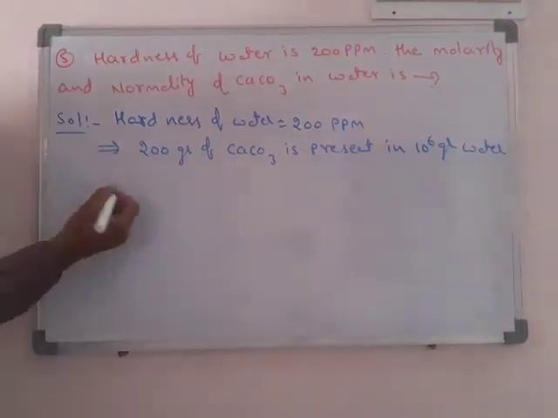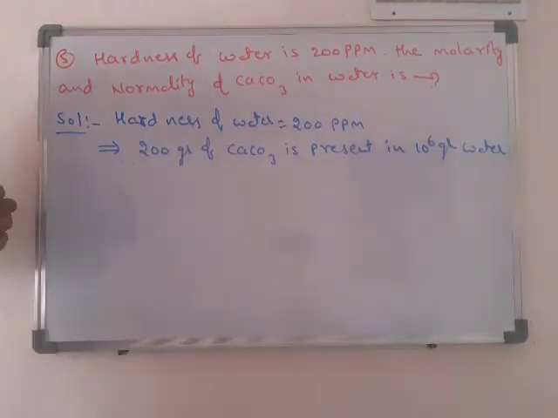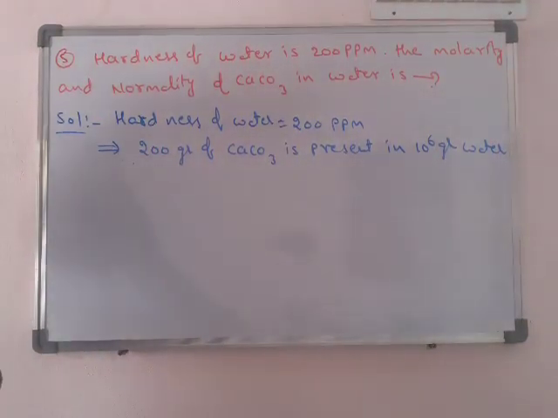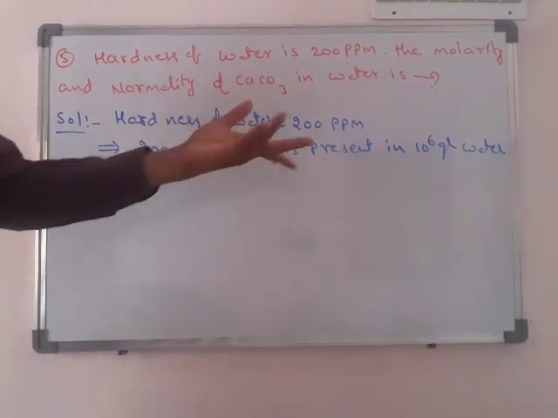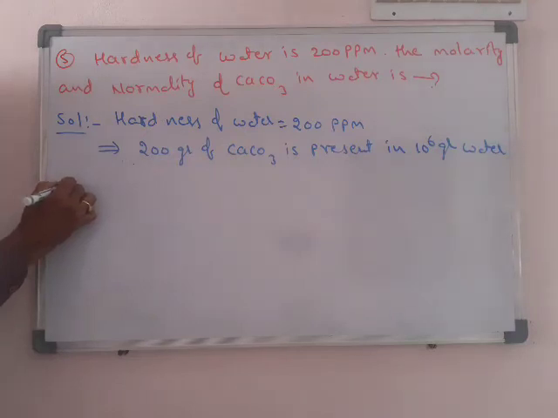So now we got the weight of solute. This is the weight of the solution. Since it is dissolved in water, that will be taken as the solution. Therefore, what is the formula for molarity?